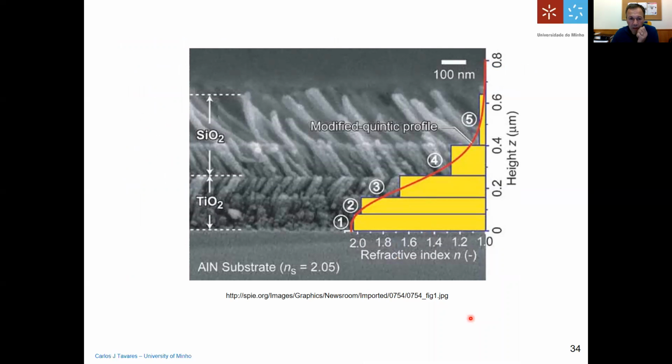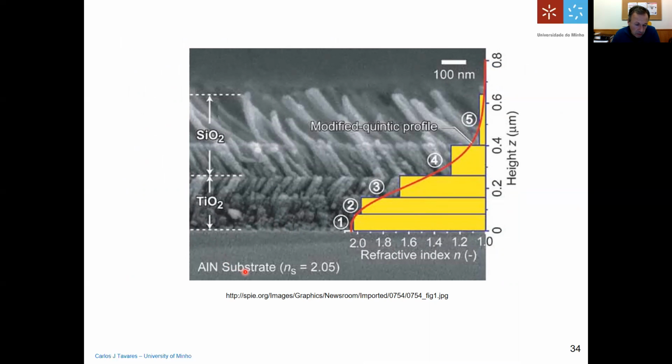This example I really like very much because it's an example of a coating that you want to apply on top of a substrate, but for optical properties, okay? So just ignore for now these bars that you see here and the information on this graph, and just look at the structure, okay? You start off with a substrate, which is aluminum nitride.